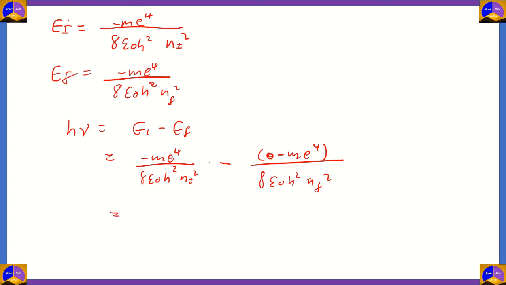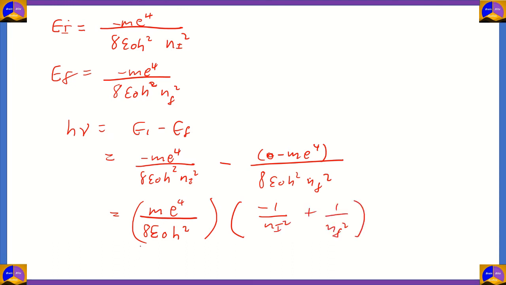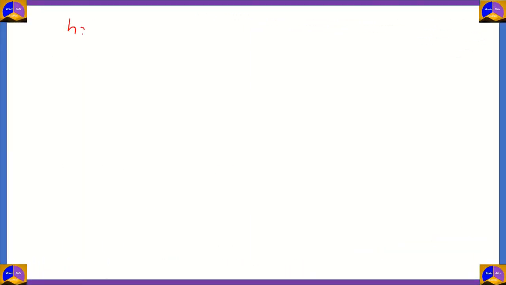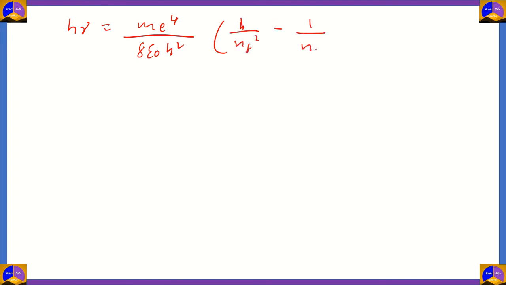So over here you can take m outside, e raised to 4 outside, and you can take 1 by 8 epsilon naught h square outside as well. So you have minus 1 by ni square plus 1 by nf square, which we can further write as m e raised to 4 divided by 8 epsilon naught h square times 1 by nf square minus 1 by ni square.